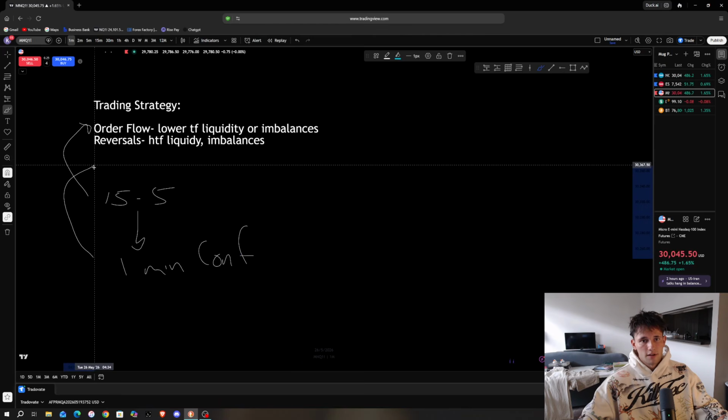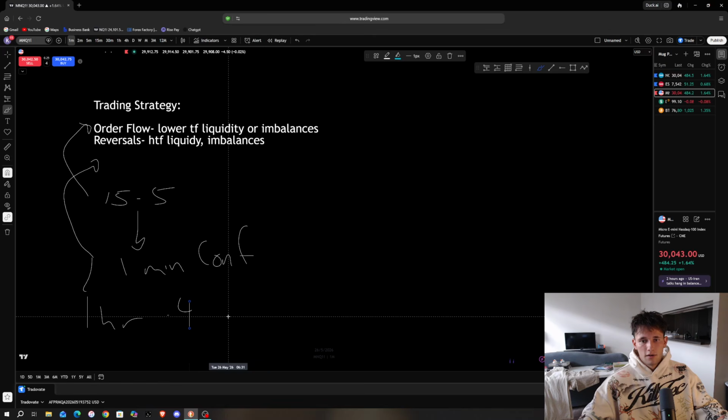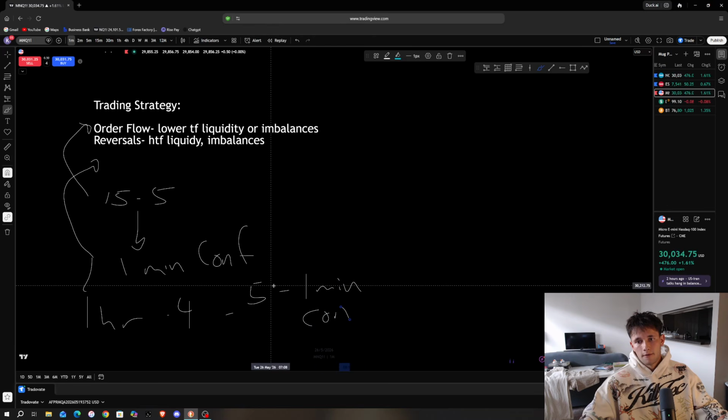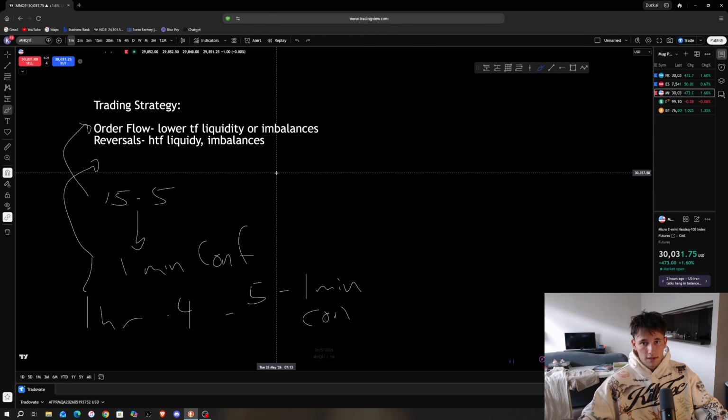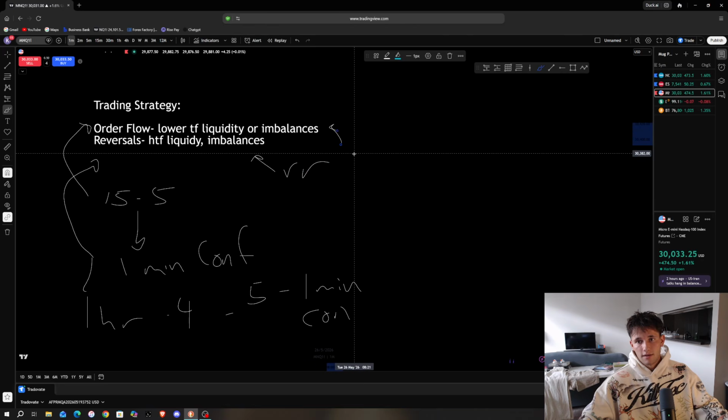And then for this one, it's 1 hour and 4 hour with 5, maybe 1 minute confirmation. Sometimes 5, sometimes 1 minute. This one is a higher RR for me, and then this one is more in that 1.5 to 2 RR.